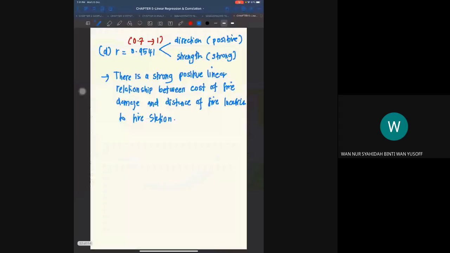So the distance of the fire accident to the fire station.